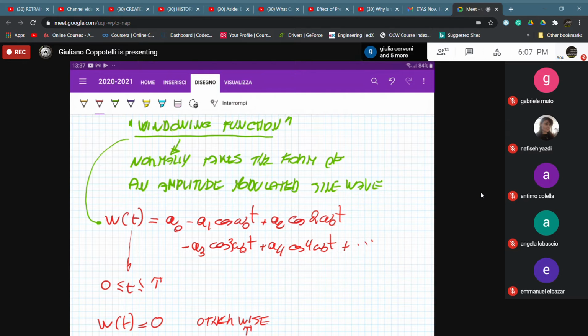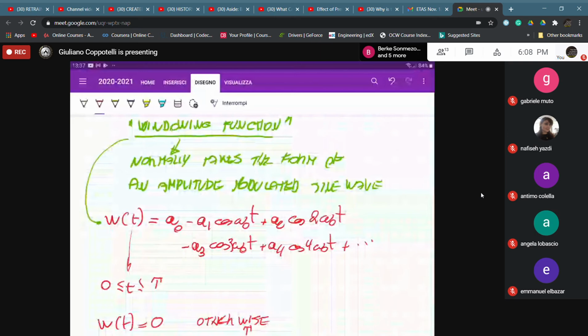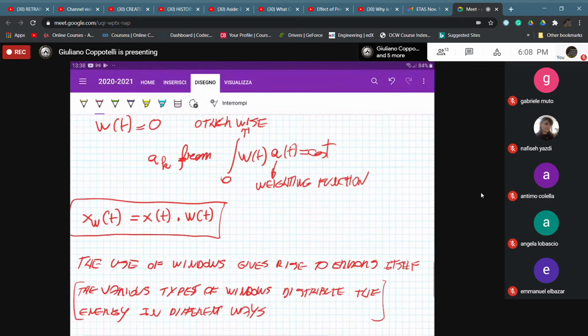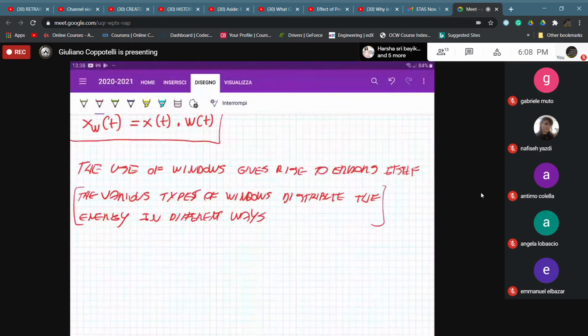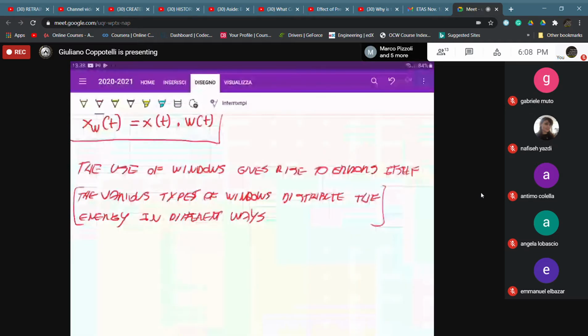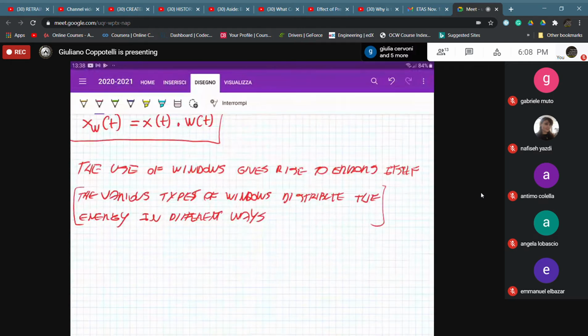By having different values of the coefficients a0, a1, a2, that in turn are obtained by using a sort of minimization of projection criterion, this changes the way the information is distributed over your signal. And of course you have to choose the right windowing function according to the different type of signal that you are considering.